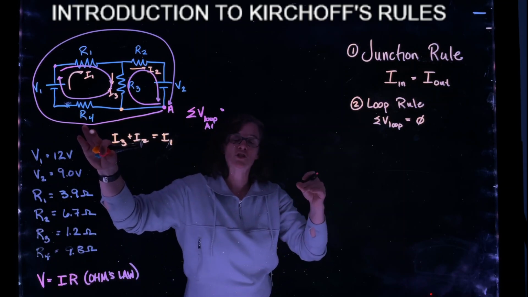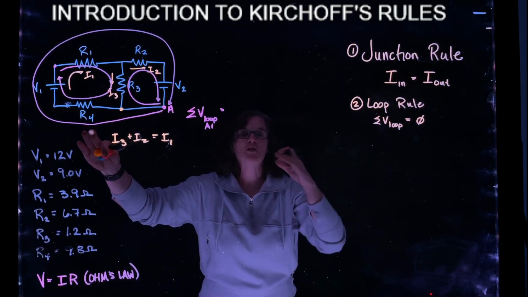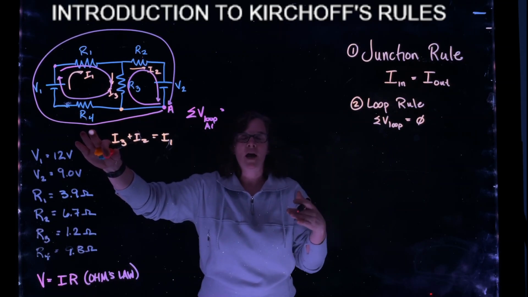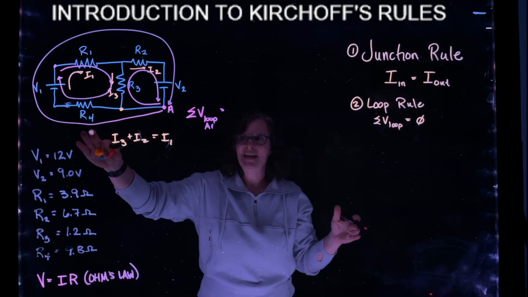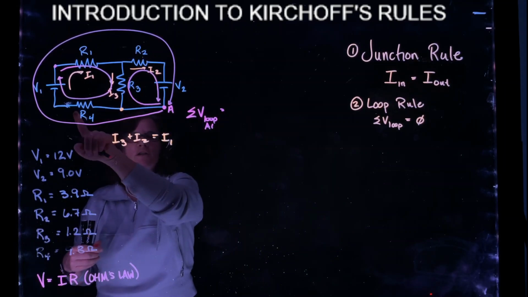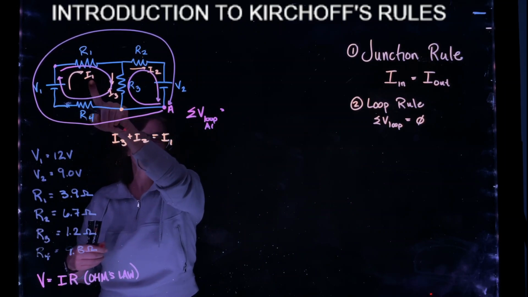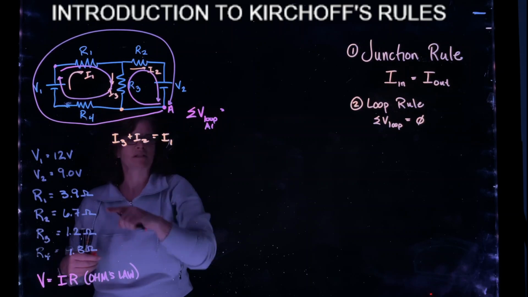We know that voltages can either go up across a resistor or down across a resistor depending on whether or not I'm traveling with my current or against my current. We learned that earlier. And so in this case, am I going with or against the current? Well, we have to look at what current's going through resistor 4.